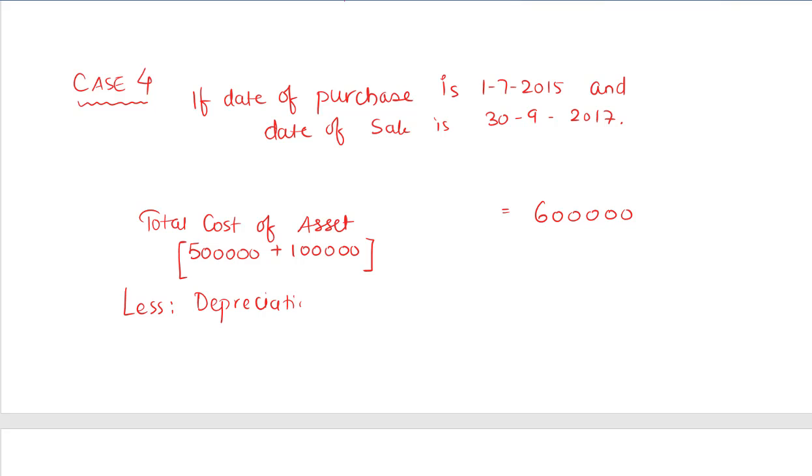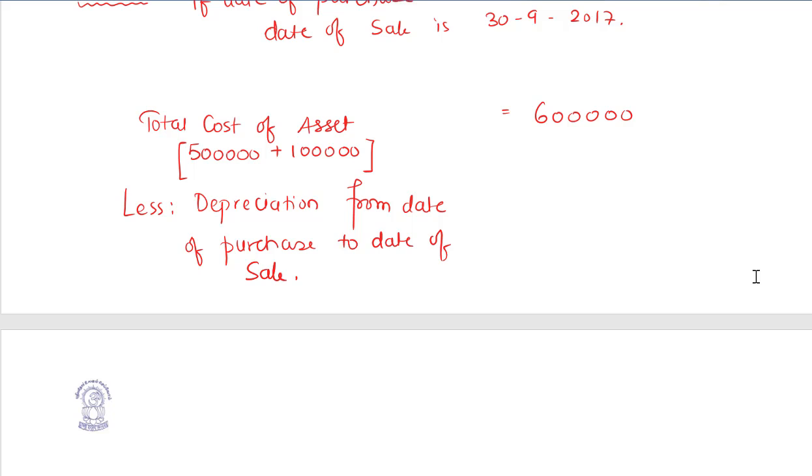So depreciation from date of purchase to date of sale, that is 1/7/2015 to 30/9/2017. If you calculate the months, it is 27 months.